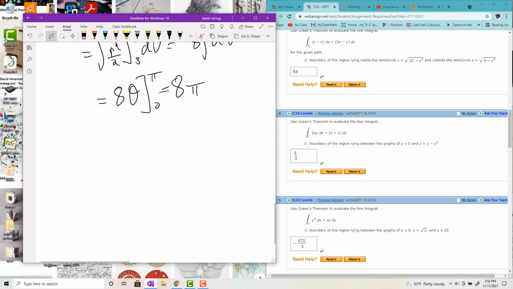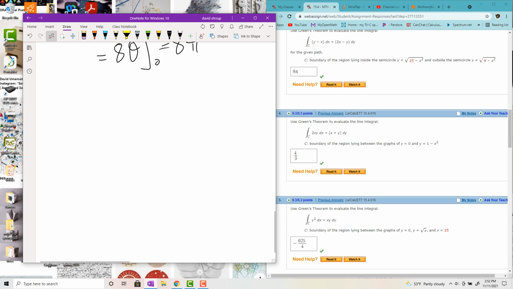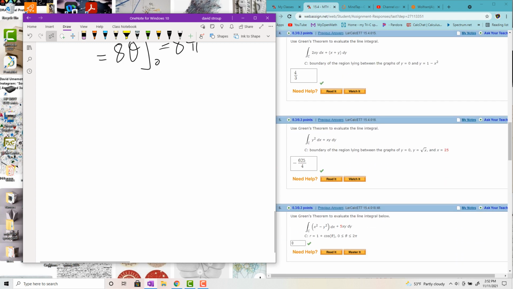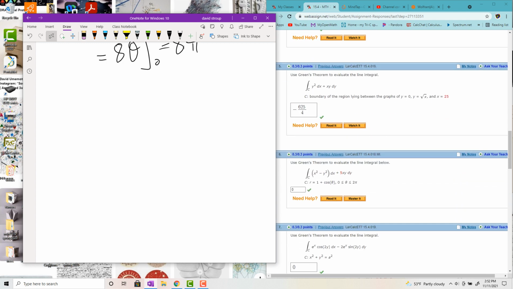Let's do another. Some of these are pretty easy. This one kind of looks nasty, but it's not. So number 6, use Green's theorem to evaluate this line integral, (x squared minus y squared) dx plus 5xy dy.